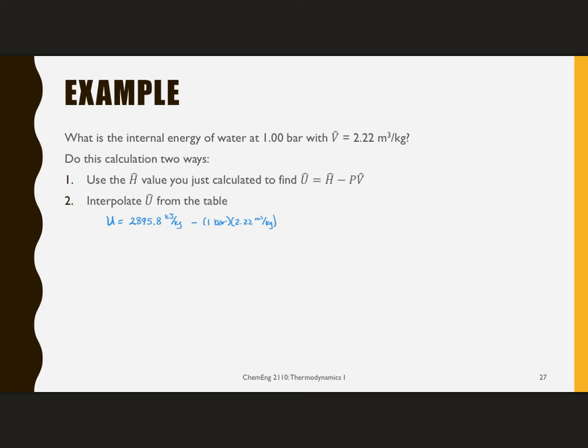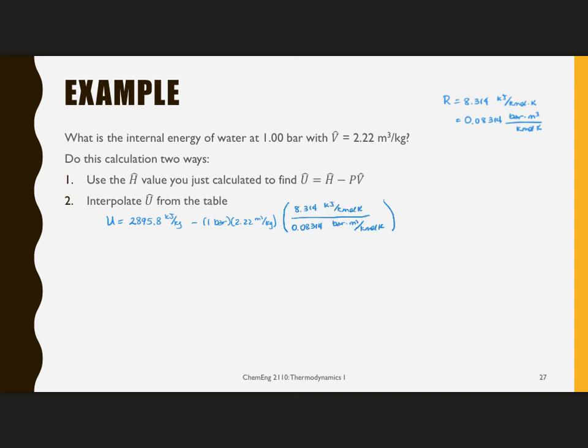In this case, R is equal to 8.314 kilojoules per kilomole Kelvin, but there's also another version of it that has bar in it. R is also equal to 0.08314 bar cubic meters per kilomole Kelvin. And two things that are equal to each other can be used as a conversion factor.